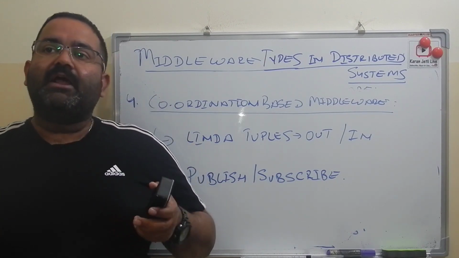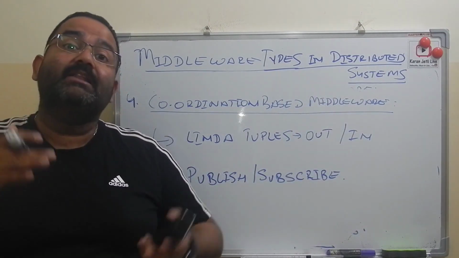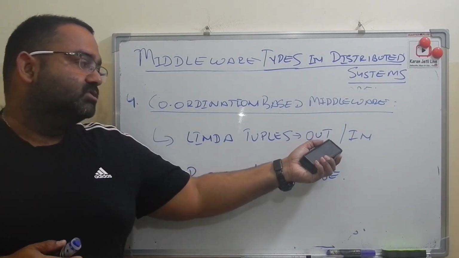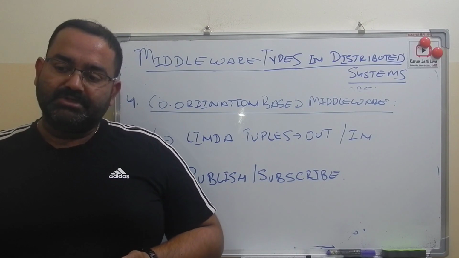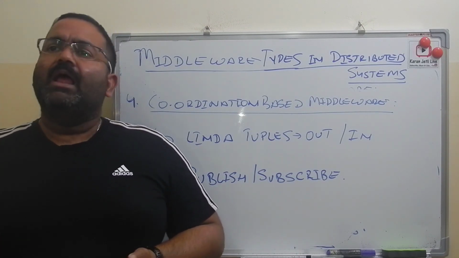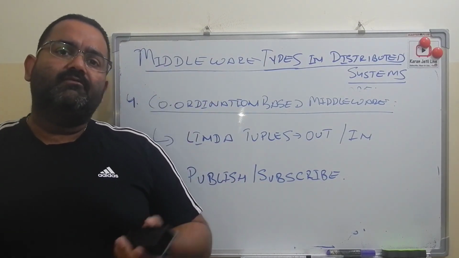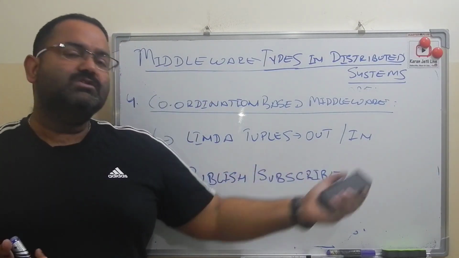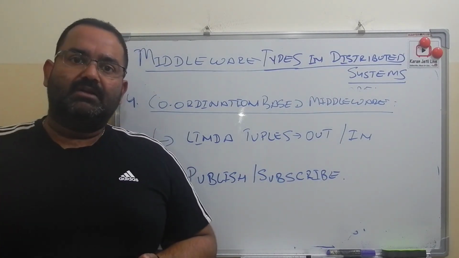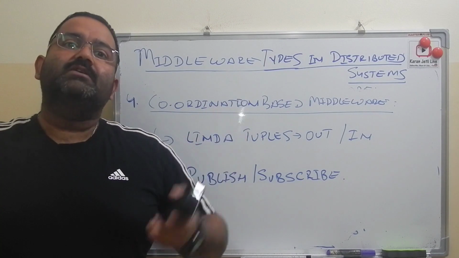Whenever I want to insert a tuple in the tuple space, or a row in a database, I use the out operation. The out operation inserts a tuple in a tuple space. Whenever I want to retrieve a tuple, or a row from a database, I use the in operation, with the row specifications.